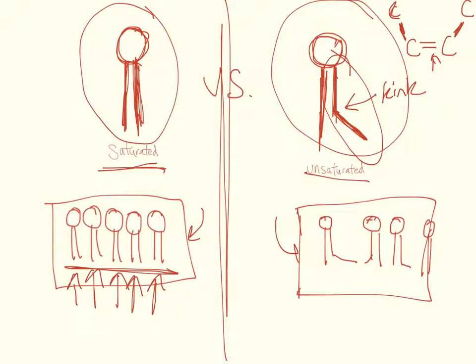But when you start having unsaturated hydrocarbon tails, well, they stick out. The kinks within the tails make it much more difficult to pack these phospholipids together. And so you have a more fluid membrane in this case compared to the saturated case.